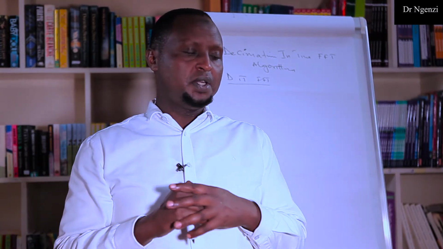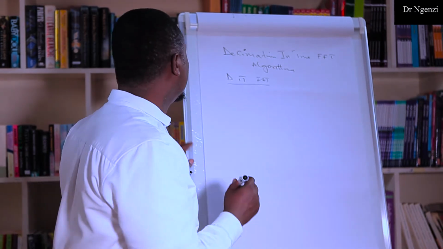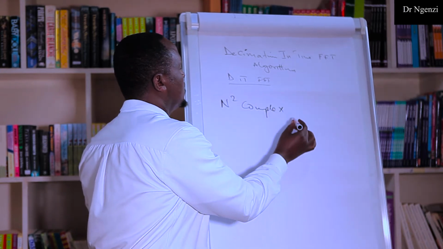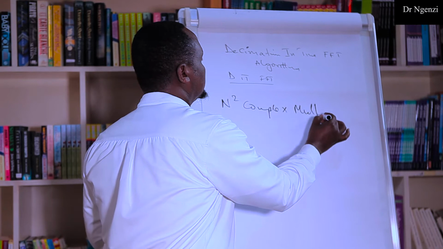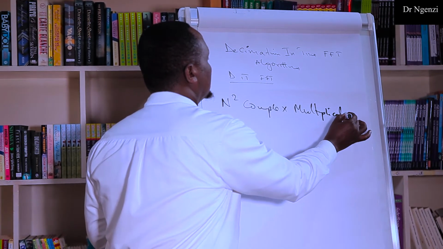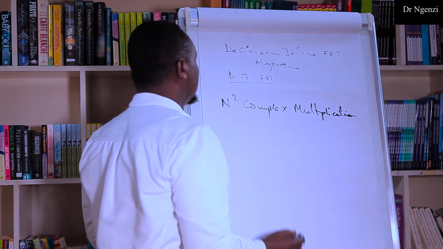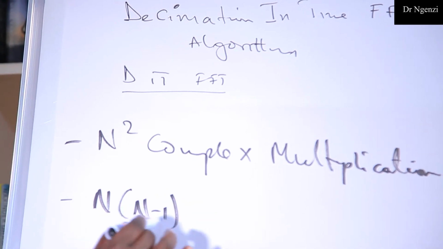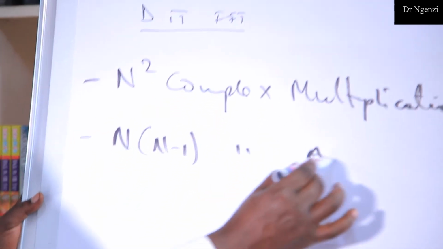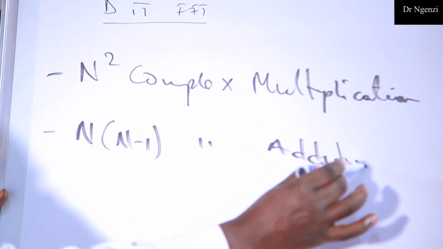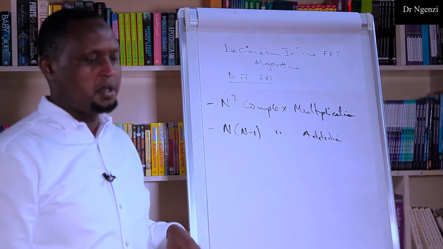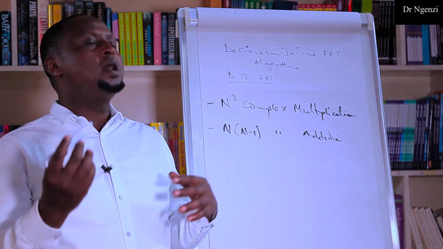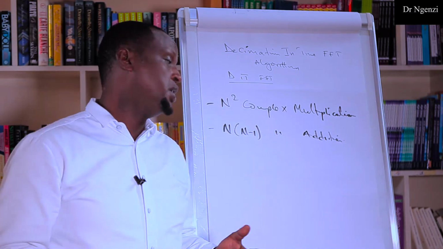Remember, we had N squared complex multiplications, but also N into N minus 1 complex additions, if you can recall very well. So these are the former computations that we used in a DFT.